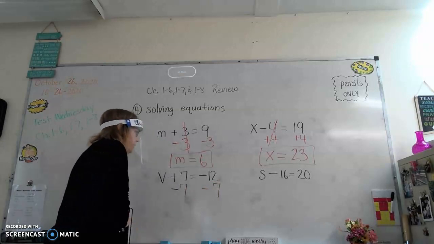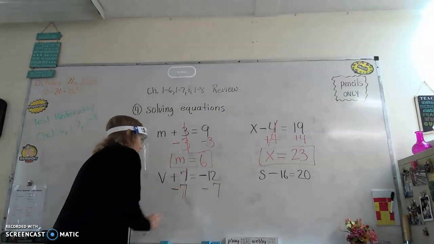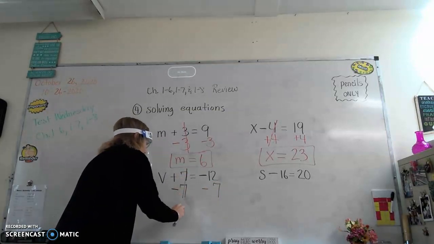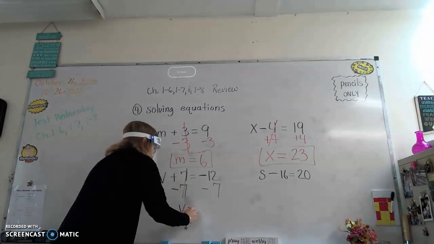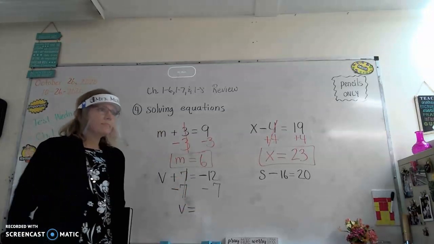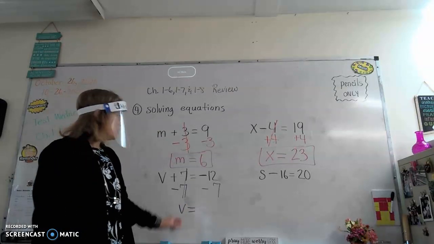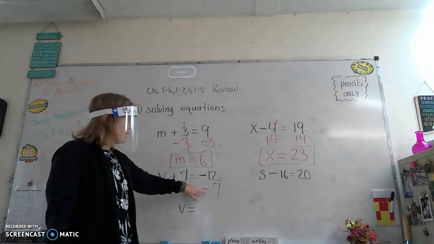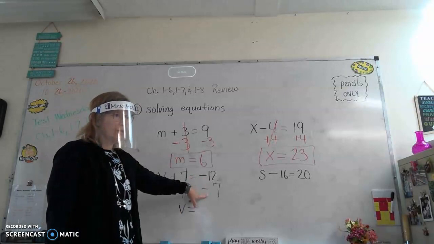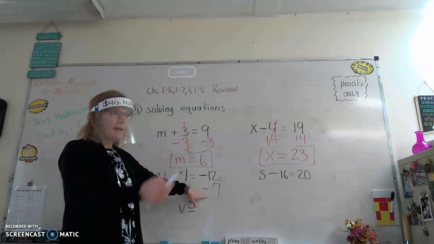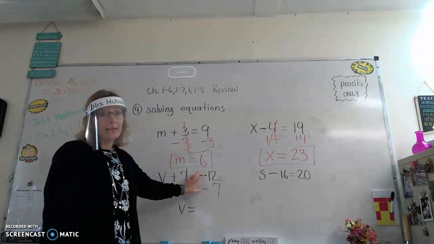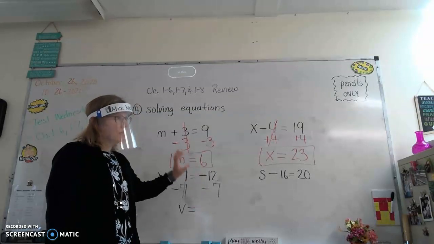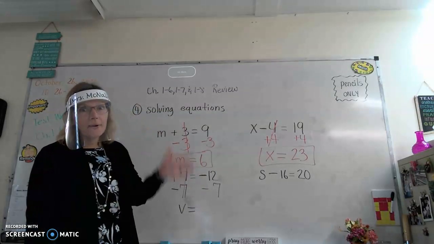Cross off both the 7s. Then you subtract negative 12 and 7. So the signs are the same, so we're actually doing what to the numbers? Adding. Add 12 plus 7, but then the answer will keep the sign. What's the answer?